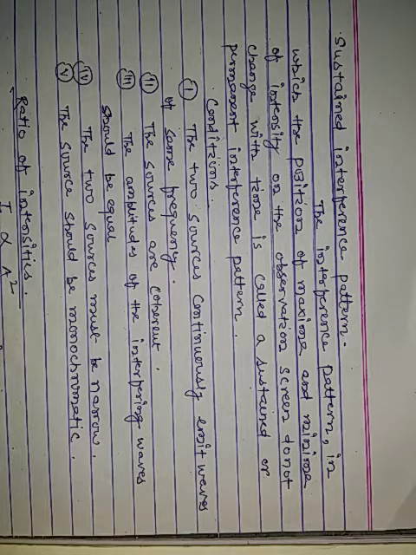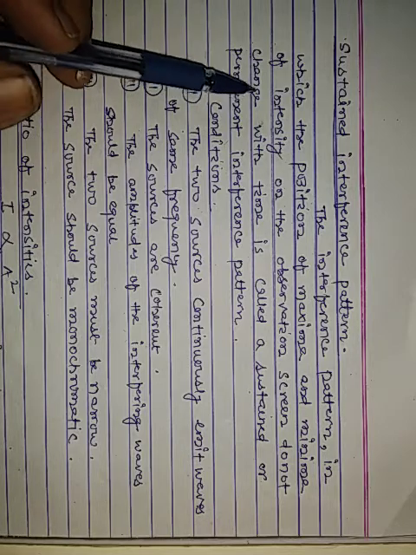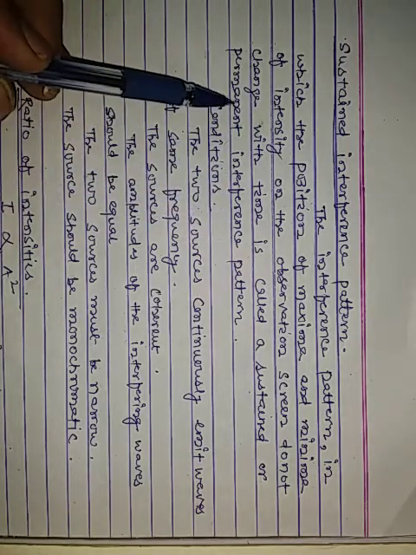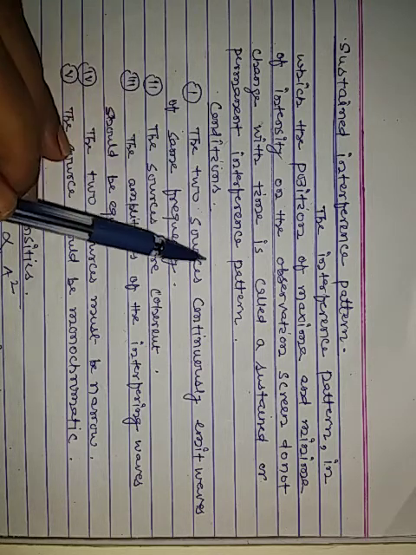It means the positions of maxima and minima cannot change with respect to time, and the intensity of maxima and minima on the observation screen cannot change with respect to time. That is called a sustained interference pattern.